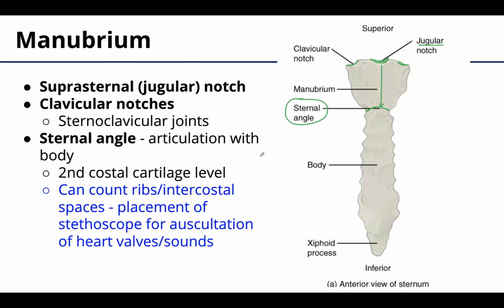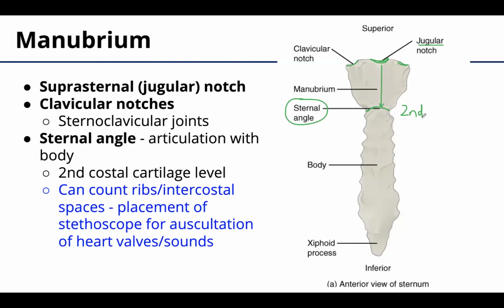It is a really clinically important area because, number one, you can palpate it. And if you are at the level of the sternal angle, you know that you are at the level of the second costal cartilage and its associated rib. Knowing that you are at the second rib level means you can count ribs and intercostal spaces from there, and this can be used in physical exam.